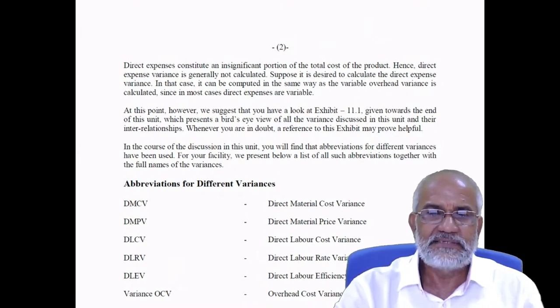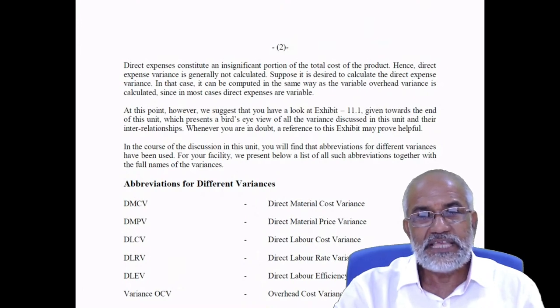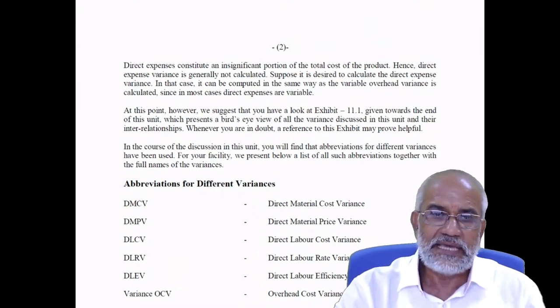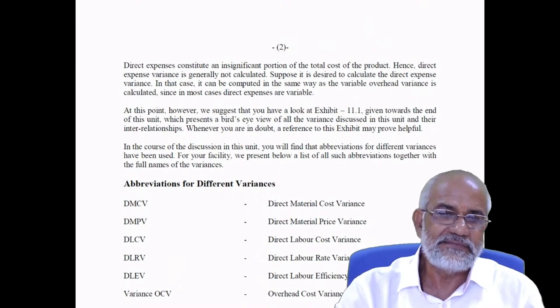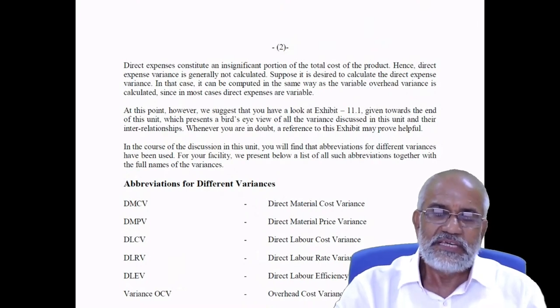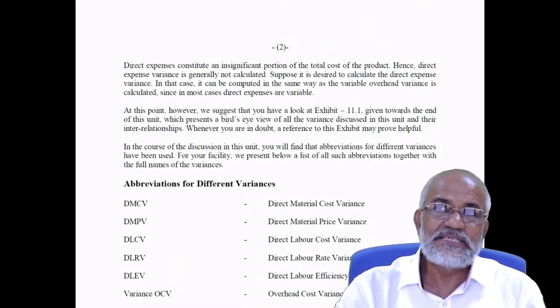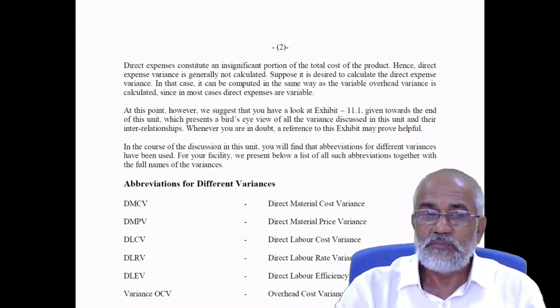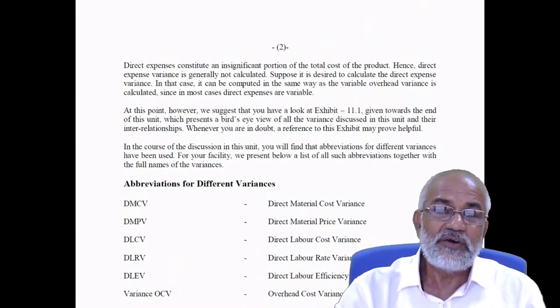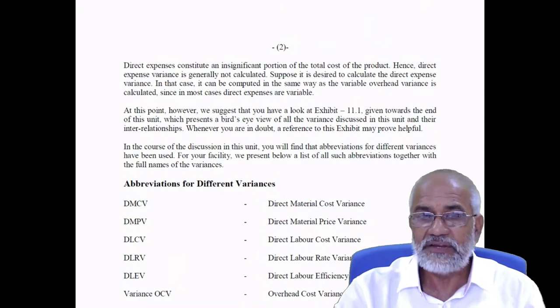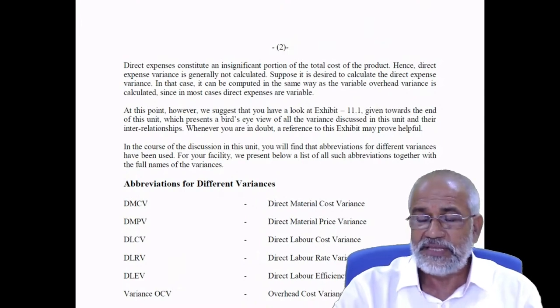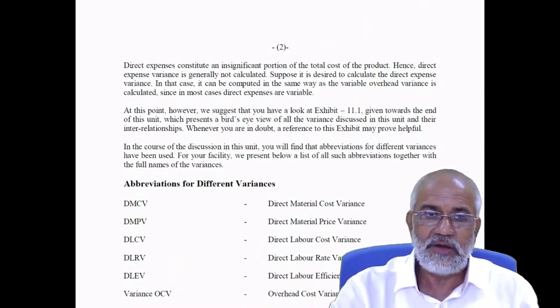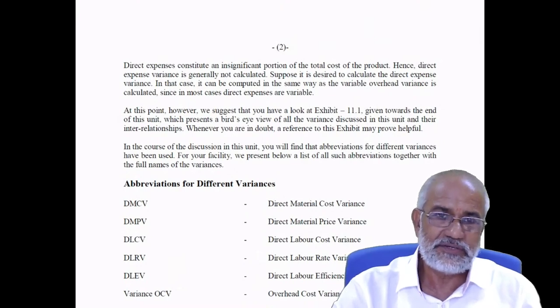In that case, it can be computed in the same manner as the variable overhead variance is calculated, since in most cases, direct expenses are variable in nature. So instead of computing the direct expenses variance, we need to compute the overhead cost variance, which means the indirect cost variance.